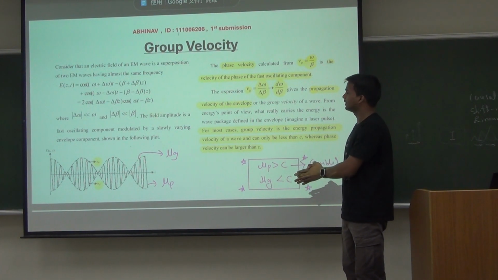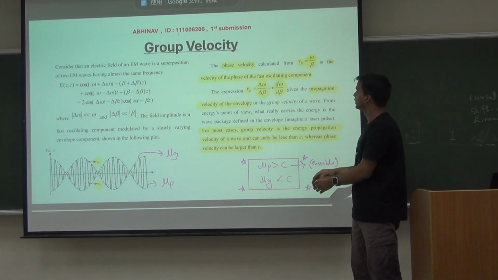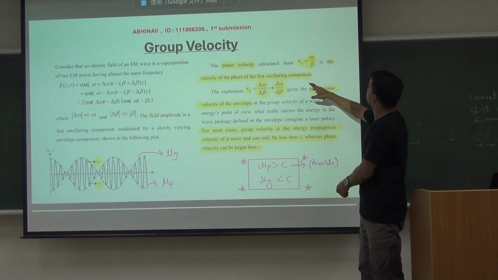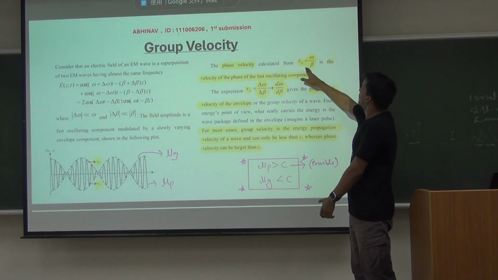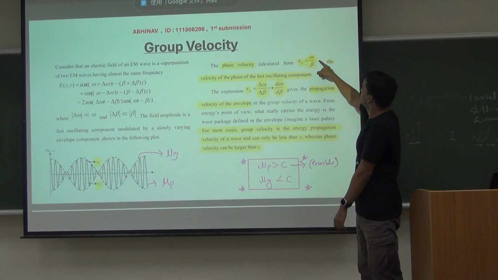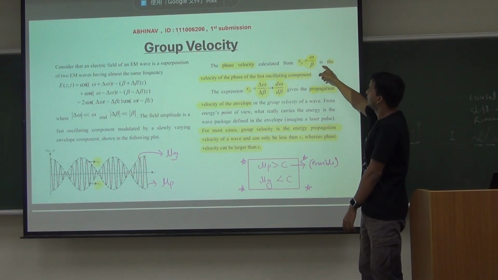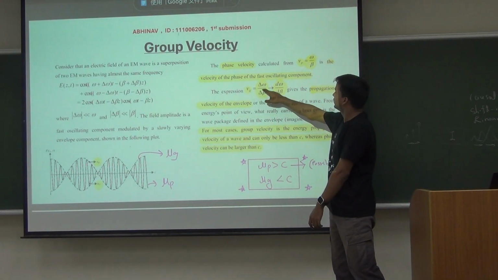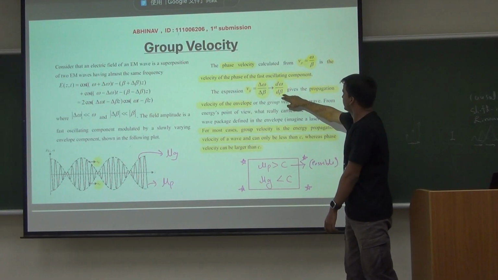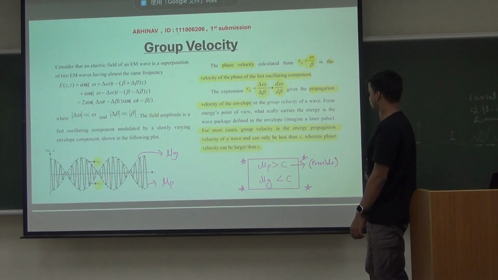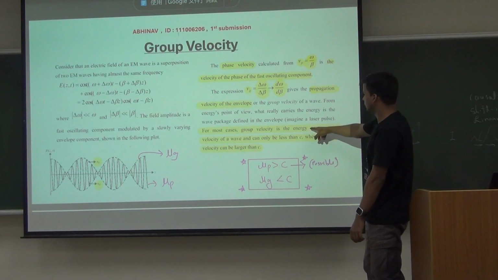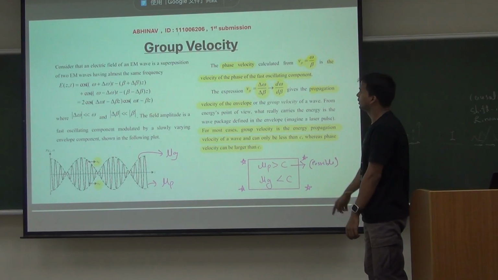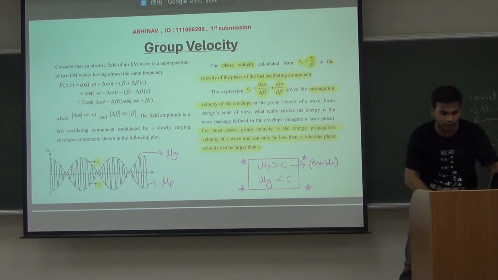I'll discuss that part when we come to that question. And this is the formula for calculating the phase velocity. It's omega by beta, but to calculate the group velocity, it's d omega by d beta. This is the same part that I've written here. We'll discuss this more in the question.